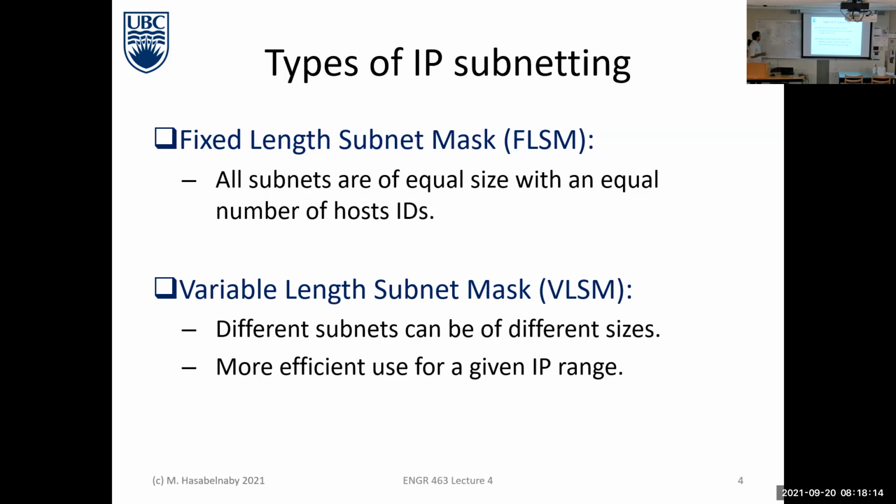So each subnet will take around 62 IP addresses. So all subnets are of equal size with an equal number of hosts. This is called fixed length subnet mask.